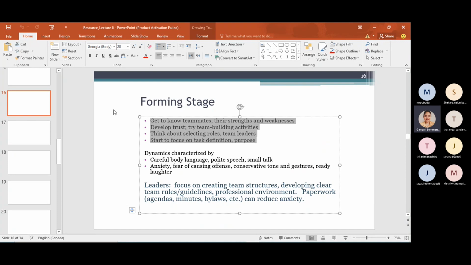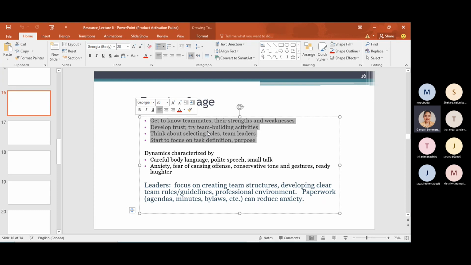In the forming stage, according to Tuckman's theory, forming is the first stage of team development. During the forming stage, you get to know your teammates. These things that I highlighted over here are the things that happen during the forming stage.